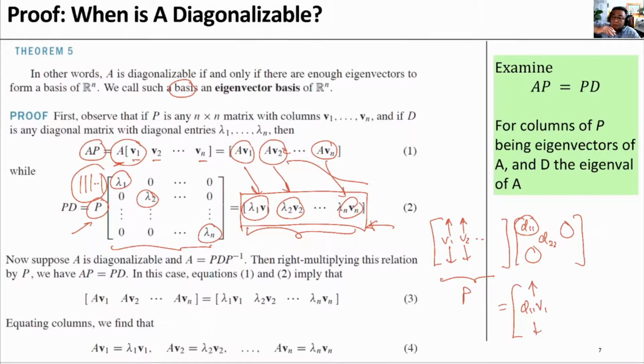The second column of P, which is V2, is only affected by D22, so it's D22 V2, and so on until the last column.